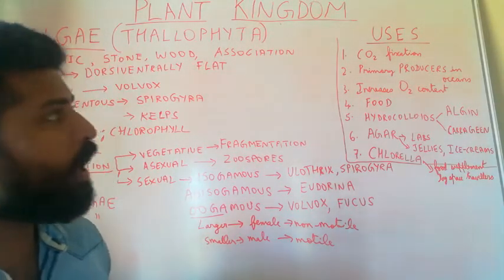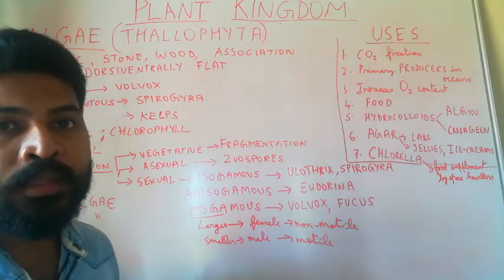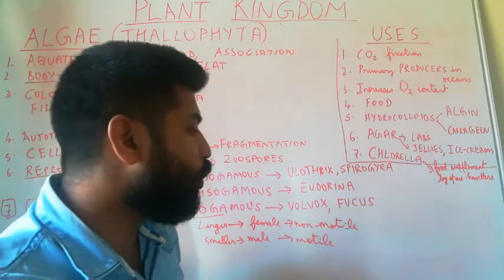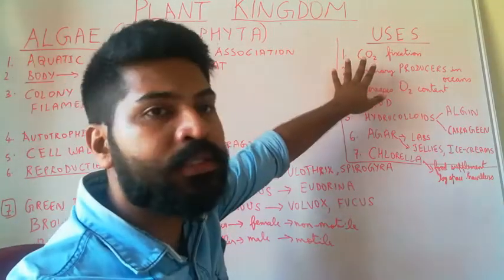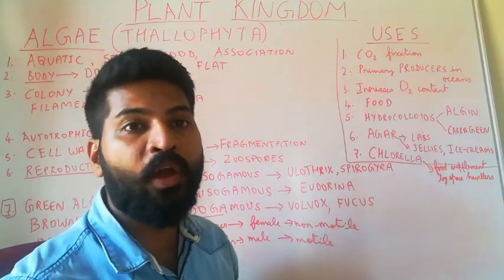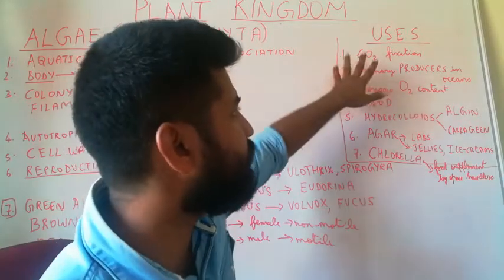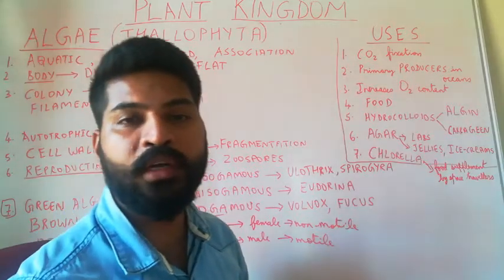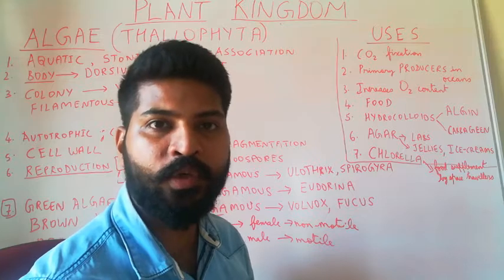The Thallophyta or the algae has innumerable uses for human beings. Most importantly, because these are autotrophic organisms, for their photosynthesis they use carbon dioxide present in the atmosphere. Therefore, they are excellent carbon dioxide fixers. They reduce the carbon dioxide in the atmosphere. That is number one. Not only that, these are the primary producers in the oceans. All the food produced in the water bodies is due to the algae.